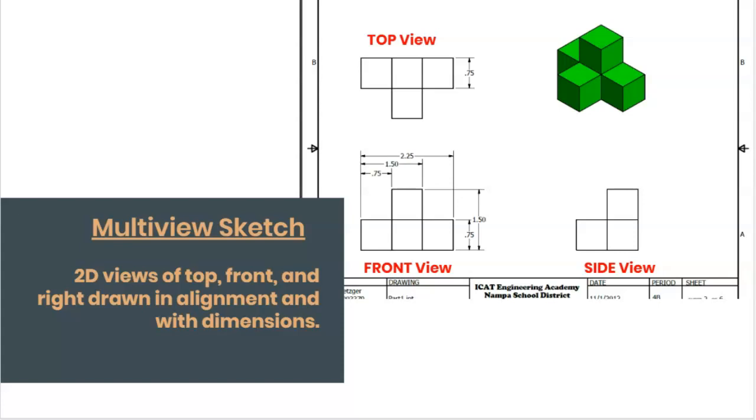These sketches also are perfectly aligned with each other, and this is the best type of sketch to include dimensions on. These type of sketches are used in manufacturing and construction to help make sure that things are built to the correct size.